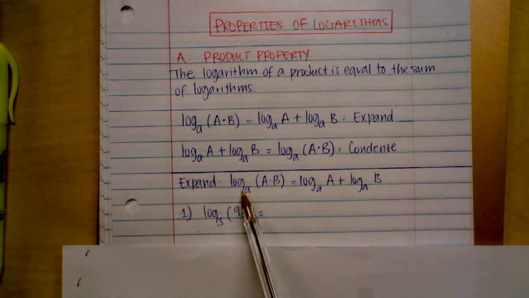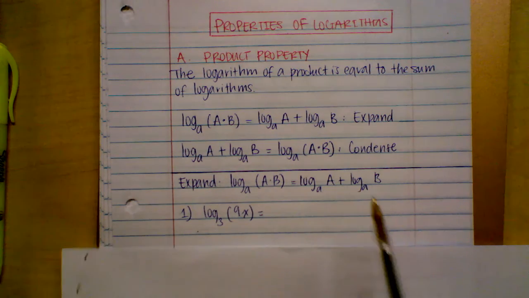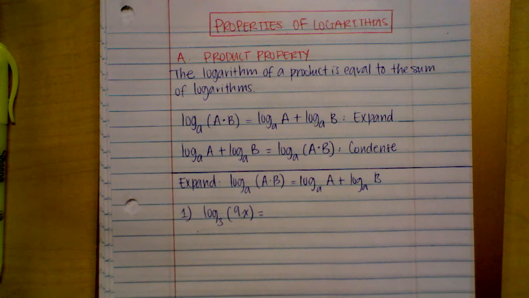How do we go from one log to two logs? Again, within the log, we are given two factors. It's a product. If you don't see any operation between the two terms, always assume that's multiplication. So it's 9 times x. So log base 3 of 9x can be equal to what?